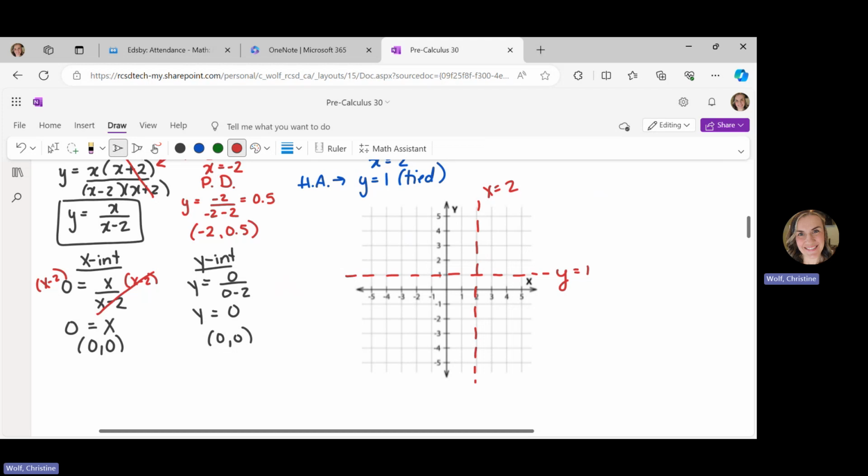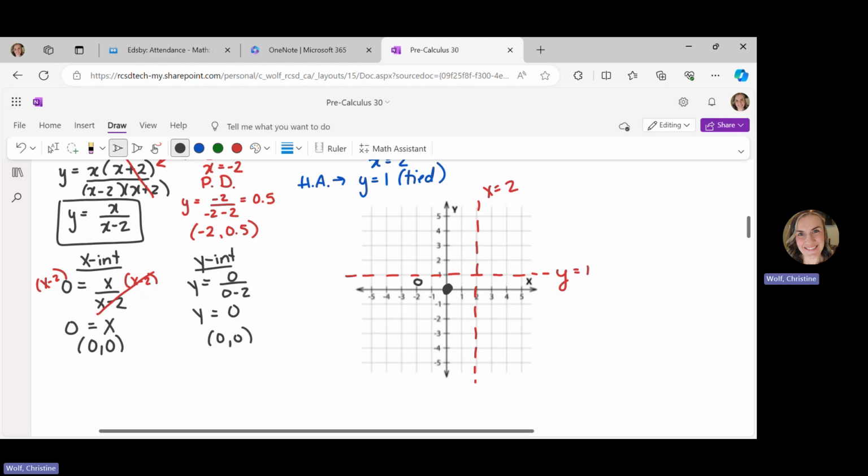Now let's plot the points that I have. I have an x and y intercept shared at the origin. And I have another point as well. You're going to plot your point of discontinuity, negative 2, 0.5, but you're going to draw it as an open circle instead.